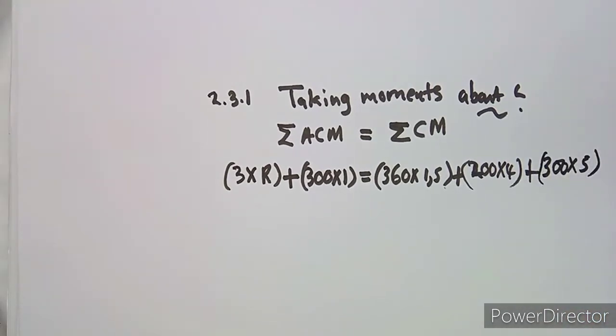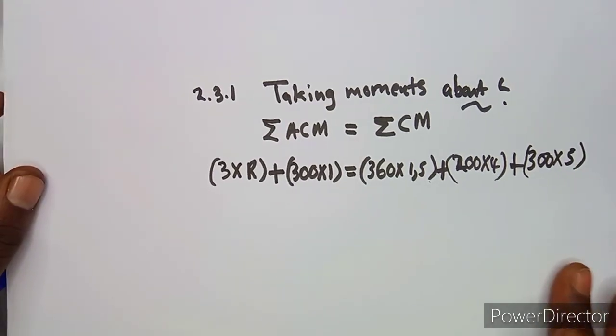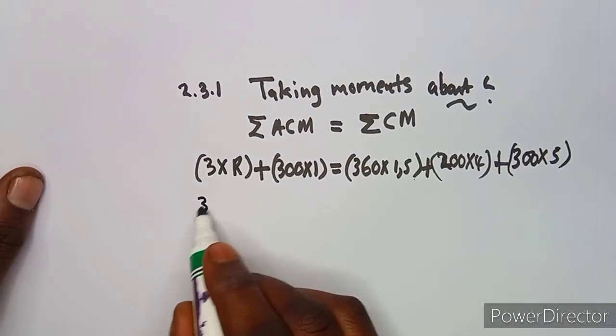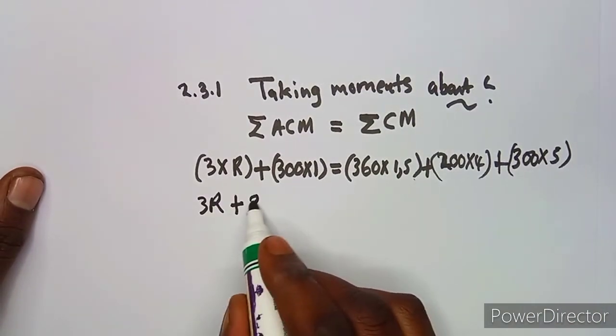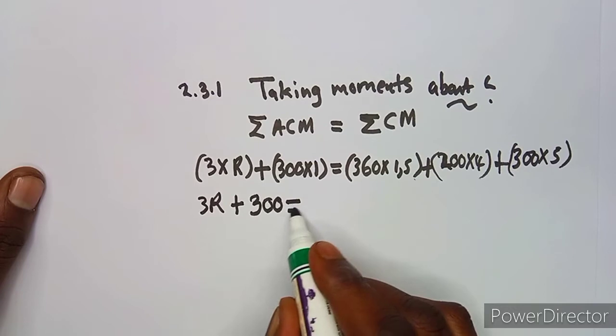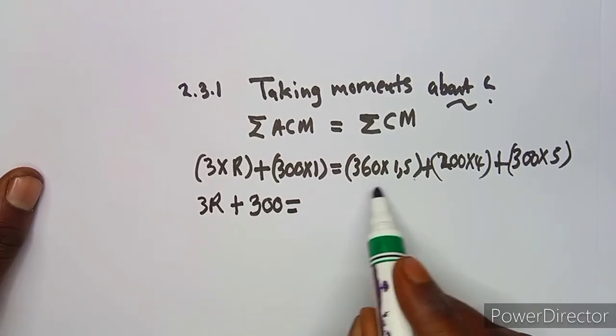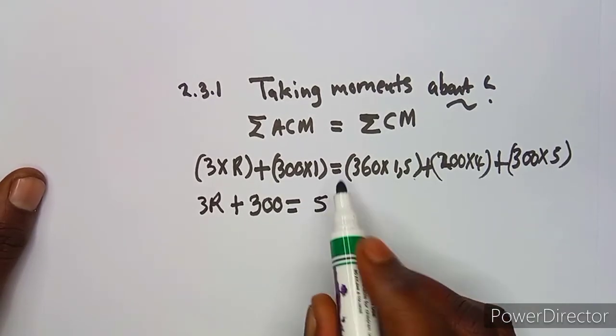All right, so this is what we are going to have. So let's see, guys, what we are going to have. Let's just try and combine everything. That's 3R here plus 300 times 1, which is 300, is equal to, you combine this, you're going to obtain 540.